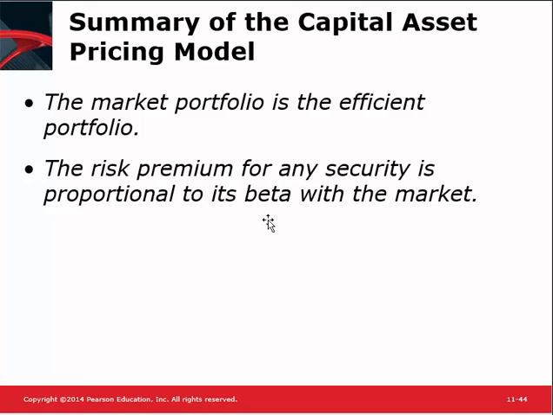So we want to understand that the riskiness of an individual security has two parts. It has the market premium, what you get for buying in the market, but every asset then is also weighted by its individual riskiness as measured by beta. So that's the end of Chapter 11.